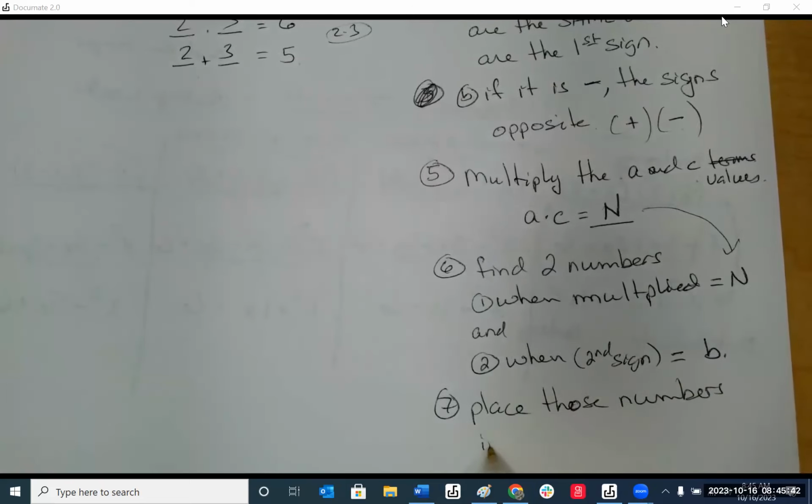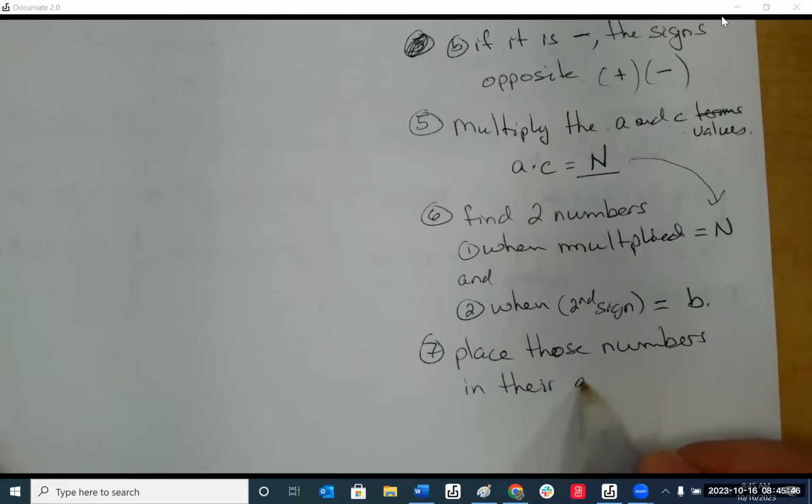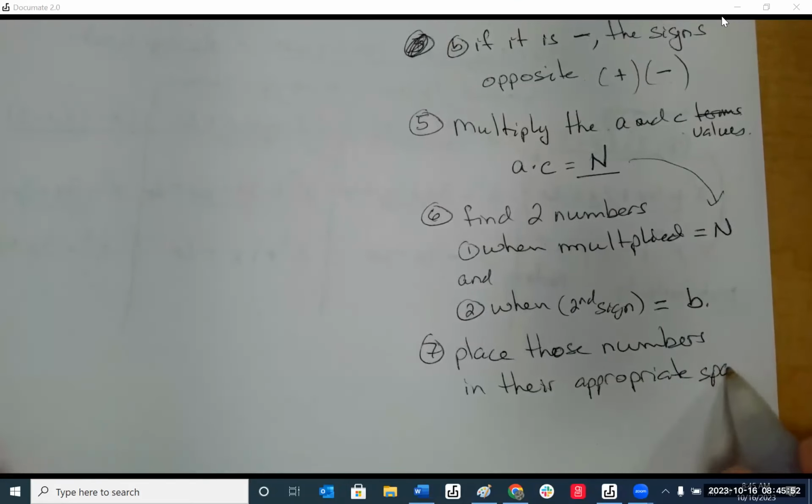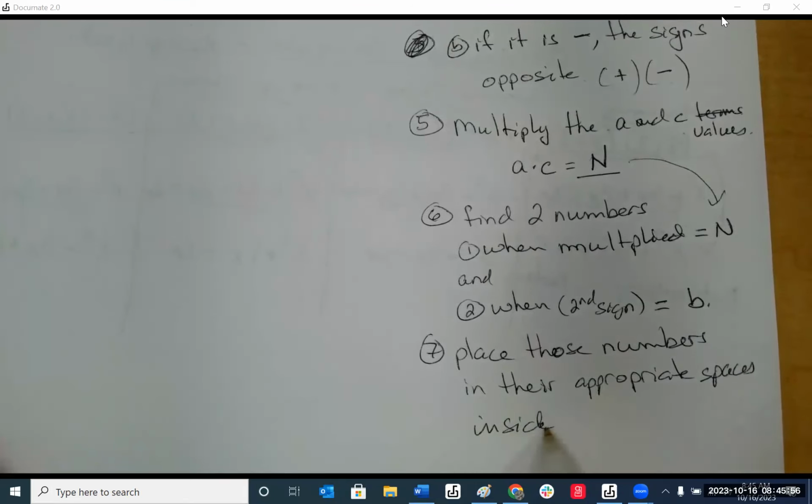Place those numbers in their appropriate spaces inside the parentheses.